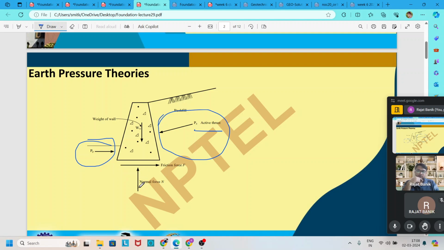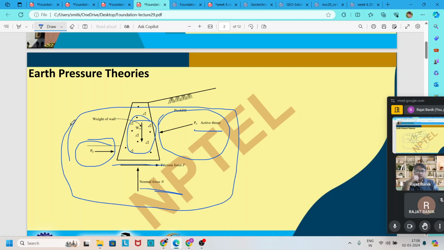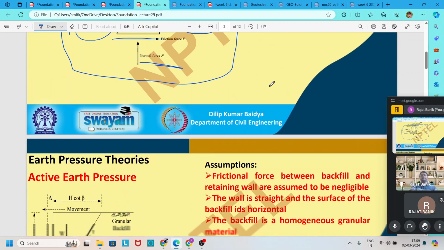Then there is a normal force at the bottom of the retaining wall, a friction force at the bottom, and the self weight of the retaining wall. These are the forces acting on the retaining wall, and we have to calculate all of them while designing it.